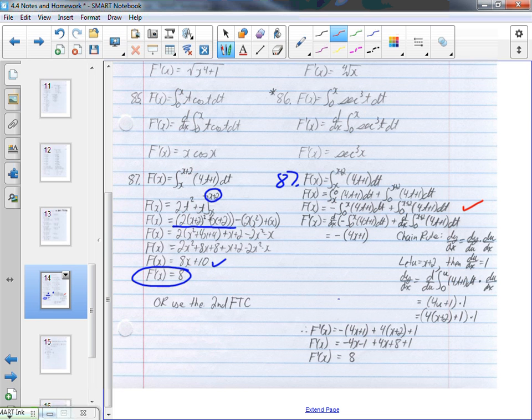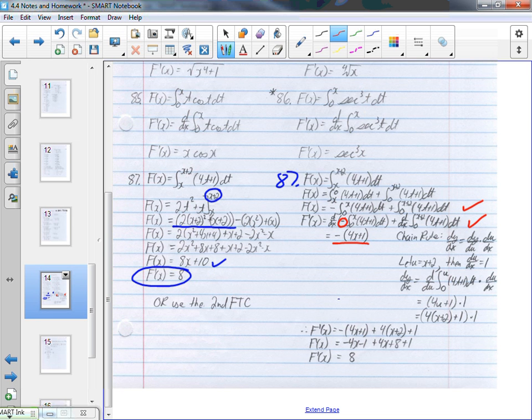And now I can apply the second fundamental theorem of calculus. Okay? So the derivative of negative the integral from 0 to x of 4t plus 1 dt, the derivative with respect to x, that is, will be negative 4x plus 1. So that's a straight application of the second fundamental theorem of calculus. To do the other one, I've got to use the chain rule, which we've done, right?